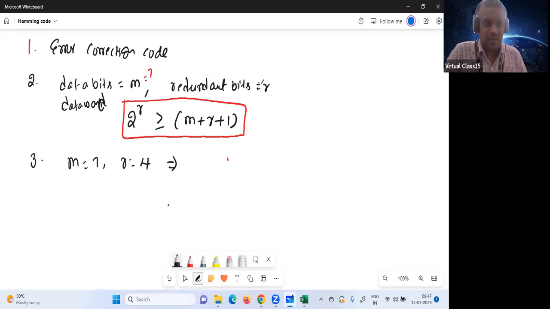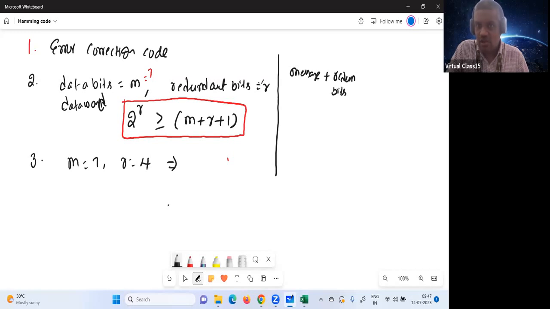Try to understand, I'm now using formal terminology. The message bits, also called the data word, is your original data, plus your redundant bits, also called check bits. You are appending some more bits for correction or detection.